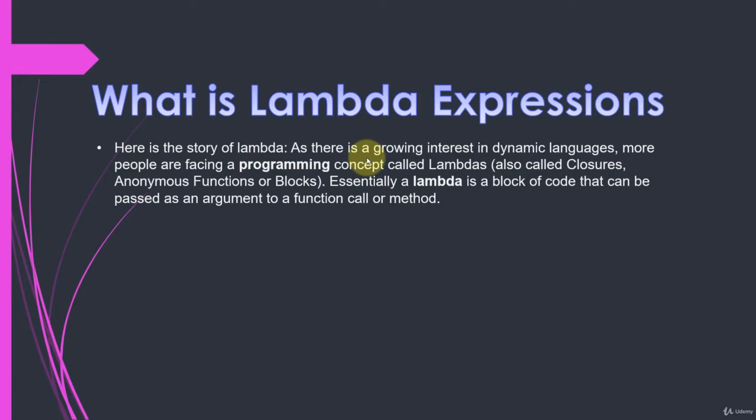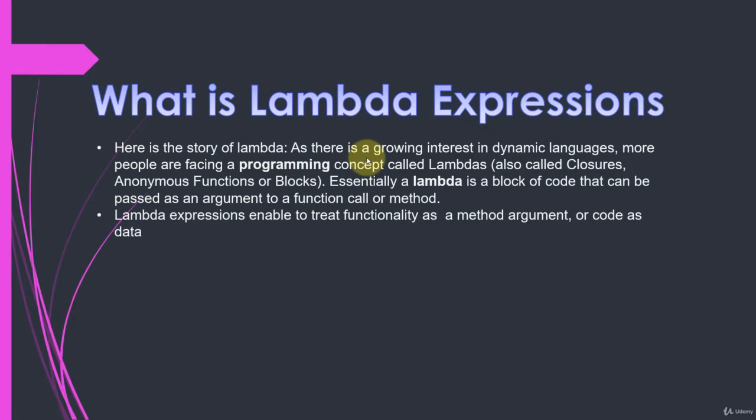So if you are coming from the Swift programming language, then the closure should sound familiar to you. It is also called anonymous functions or blocks. Essentially, a lambda is a block of code that can be passed as an argument to a function call or method.